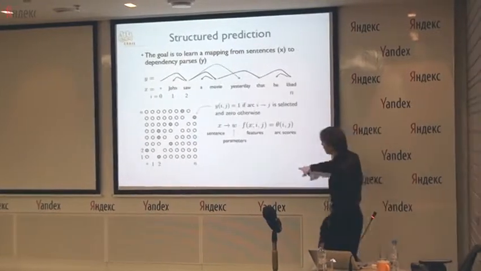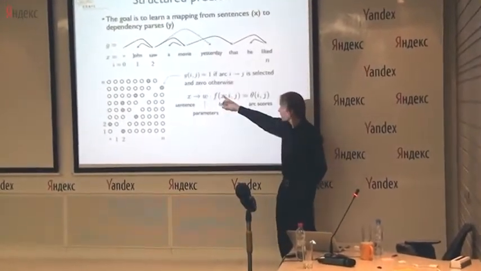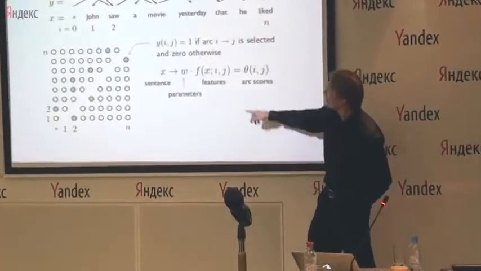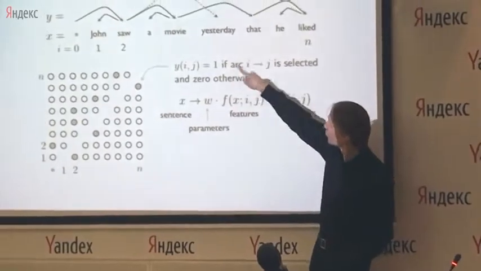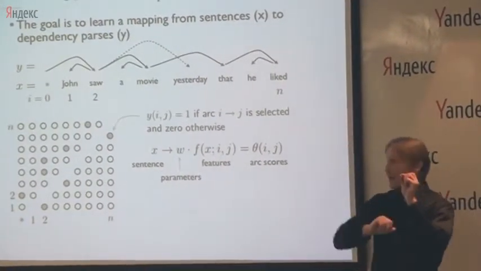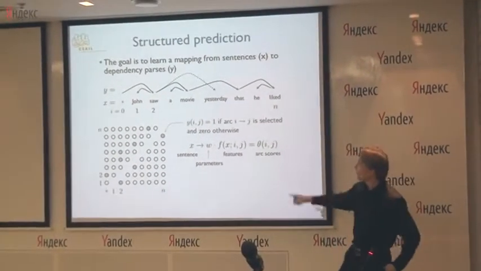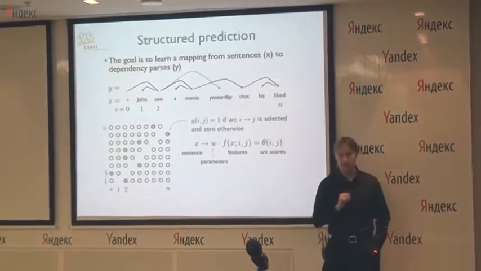These features here that mediate from parameters and the sentence to the scores may depend on, say, just the two endpoints of an arc. What is the word that it tries to modify? Or it may depend on, say, the context in the sentence.